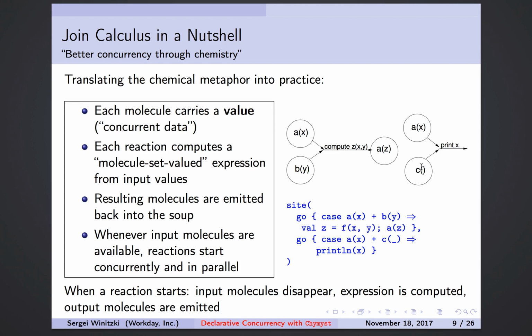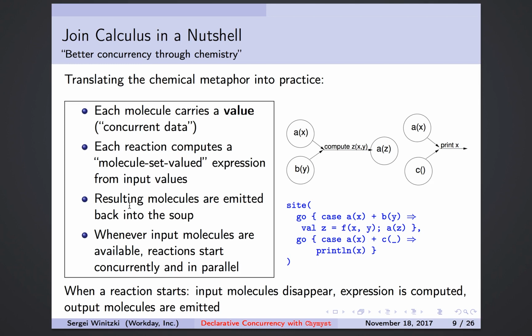In the second reaction, let's suppose that C carries an empty value, which is modeled in Scala as the unit value. A still carries this x value, let's say it's integer or whatever. Then this reaction doesn't emit any molecules, but it could perform a side effect, such as printing. We could write arbitrary Scala code in this reaction body.